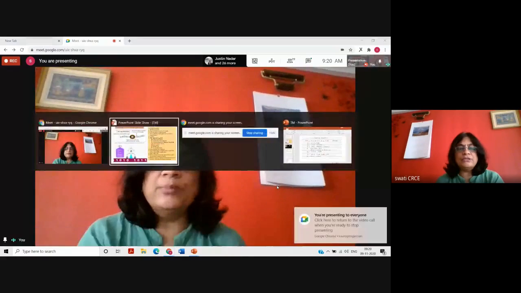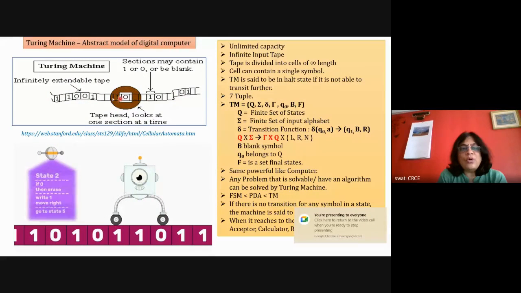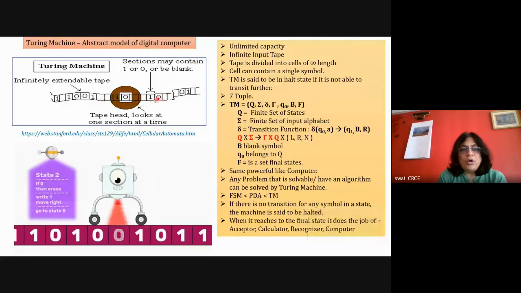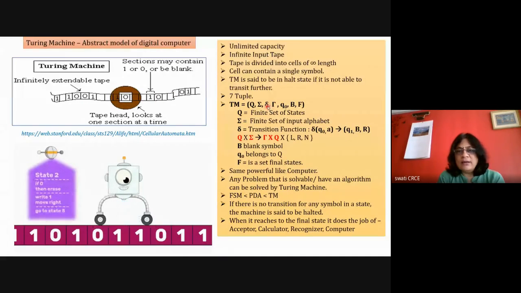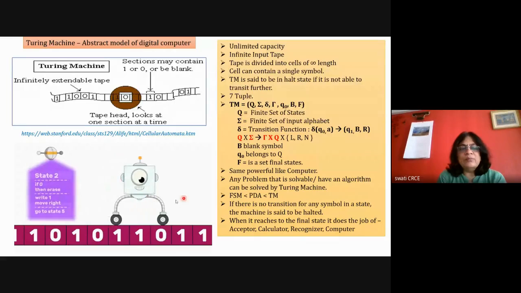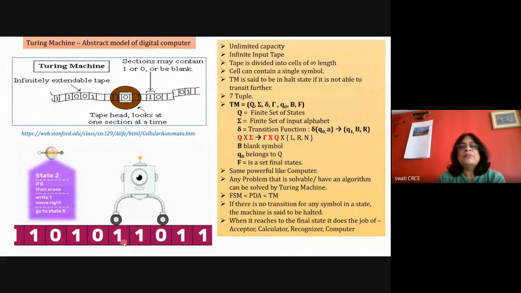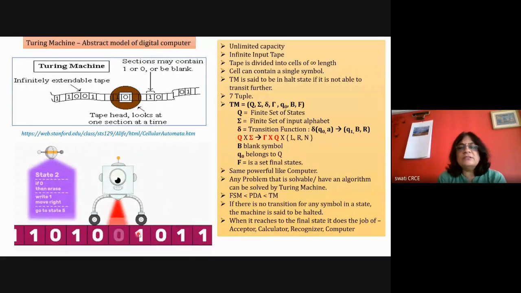The input string is stored onto the tape, and your algorithm is described with the help of delta transition functions. As per the delta transition functions, the read write head moves to left or right, or it can remain in the same location. It can perform both read and write operations, and that way it is working.